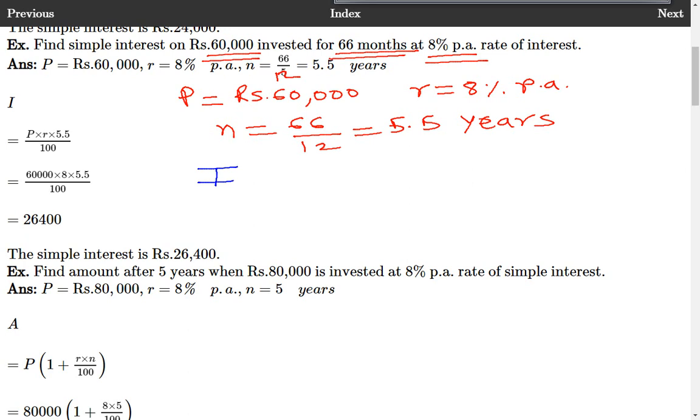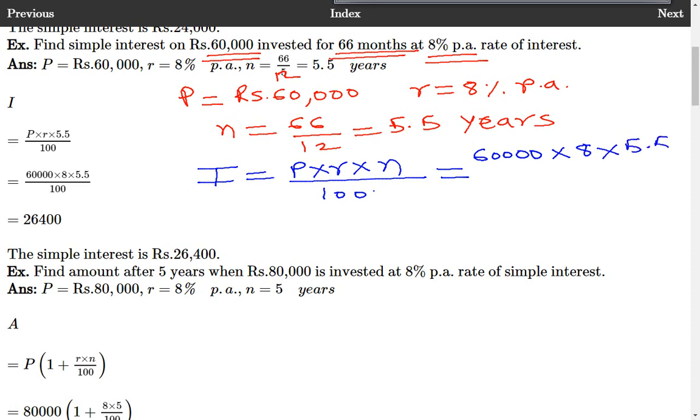Then write down the formula. I is equal to P into R into N upon 100. Substitute the values which we have. Principal amount is 60,000, rate of interest is 8, number of years is 5.5, divided by 100, and verify whether this comes as 26,400 or not.